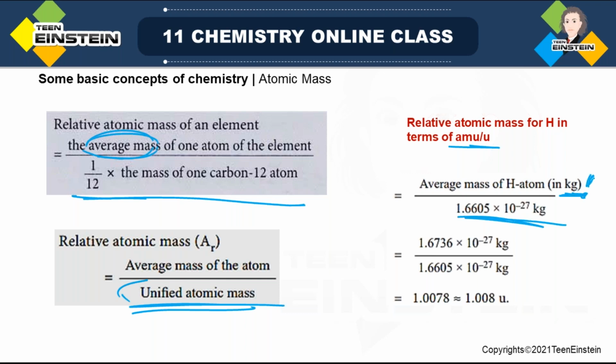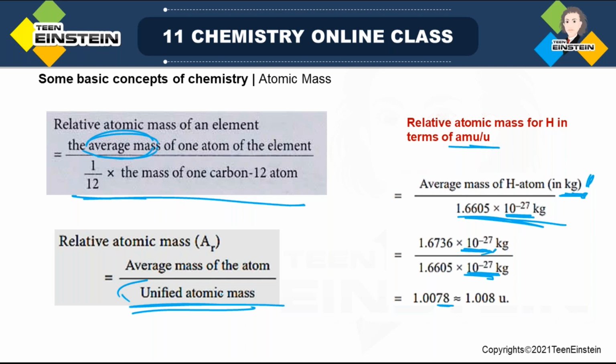If you have done it in the numerator in gram, obviously you have to take then minus 24, not 27. So be very careful whether it is in gram or kg. So kg by kg, this term will be cancelled. Fine. So mostly there is no unit, but average mass of hydrogen atom in kg.